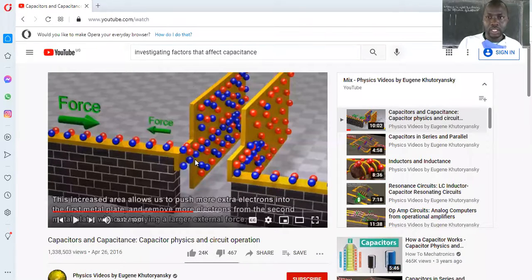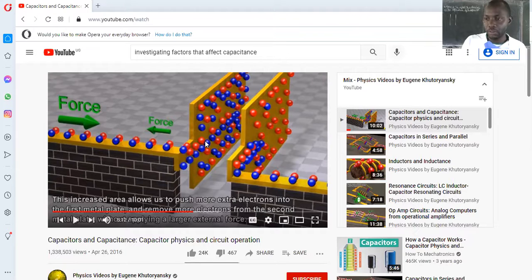What this one is saying is that when the area is large, or when the effective area is large, it means we have enough space to push more electrons on the plate, meaning this plate will have enough space to store more charge. The blue ones are representing electrons.